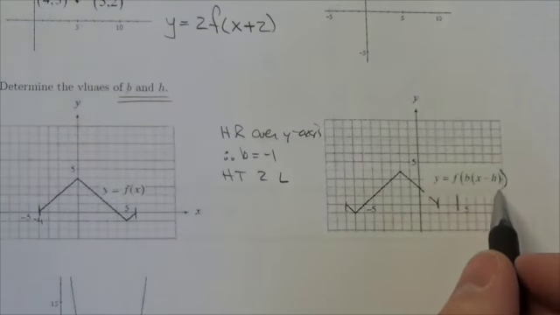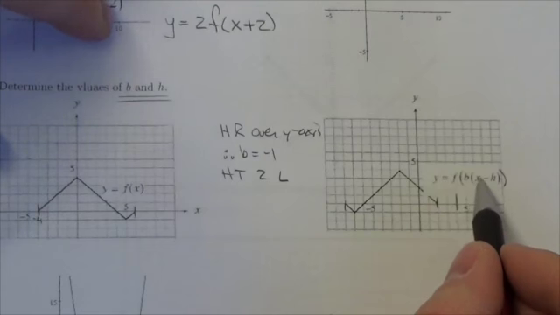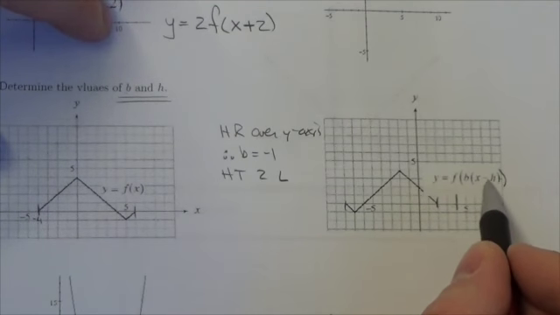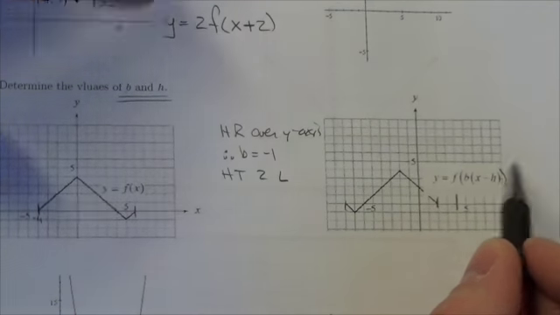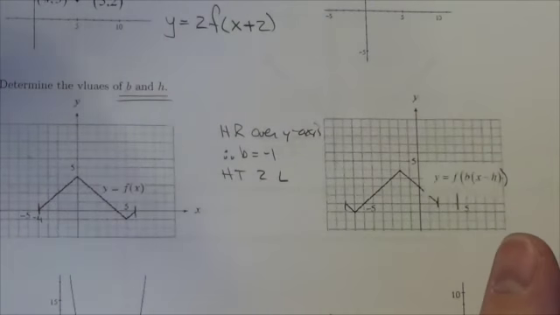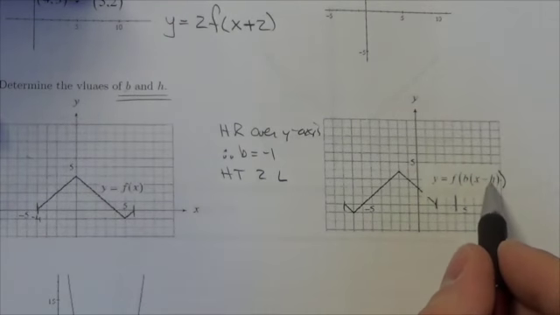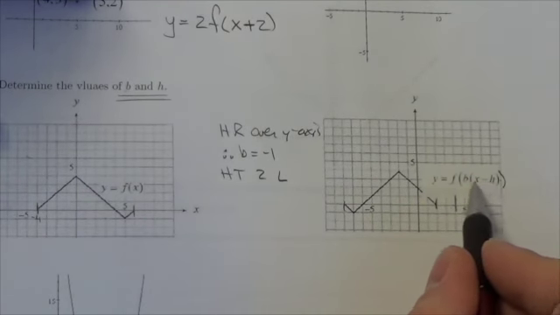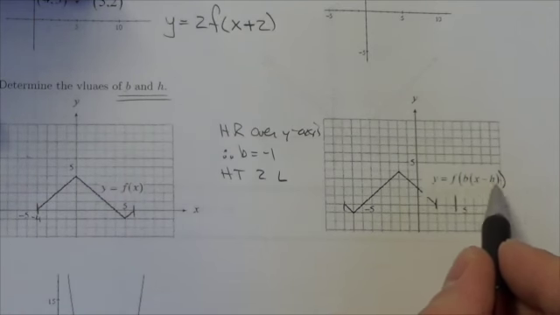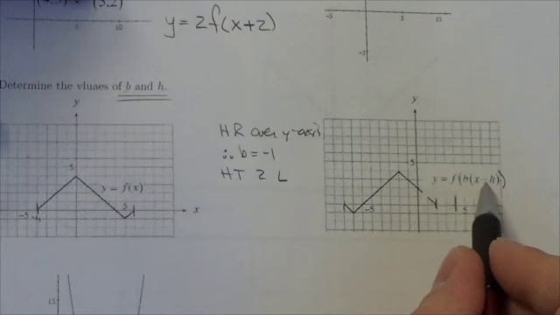Okay, now notice that this is x minus h. This is a kind of a weird sort of thinking here. You gotta work with me here. You gotta follow along. If I just put a 2 into this, that would be x minus 2. That would indicate 2 to the right. So this needs to be +2.